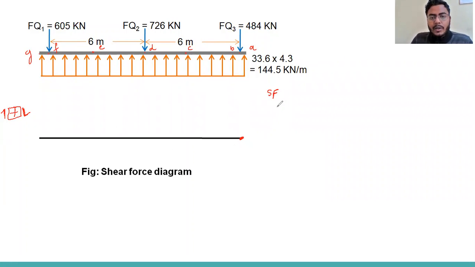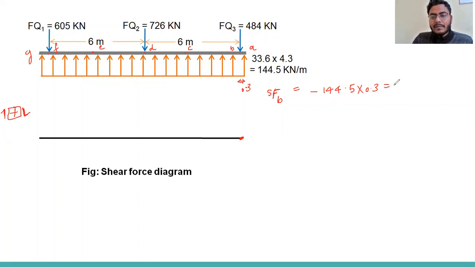Okay. So now I'm going to calculate shear force at B, just right side of the point B. We are coming from the left, so we write negative, because this is the upward pressure, 144.5 into 0.3, because this distance is 0.3.